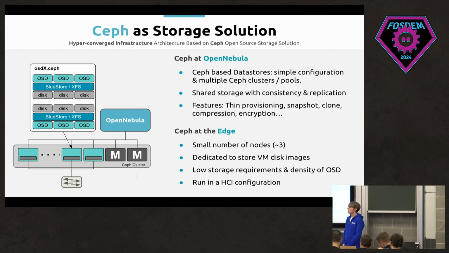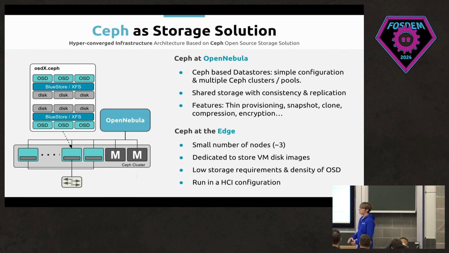So Ceph at OpenNebula has implemented data storage based on Ceph that, with simple configuration, you can add multiple clusters or pools to OpenNebula. This shared storage implements replication and consistency, and some important features for Ceph data storage in OpenNebula are snapshot, clone operation, encryption, etc.